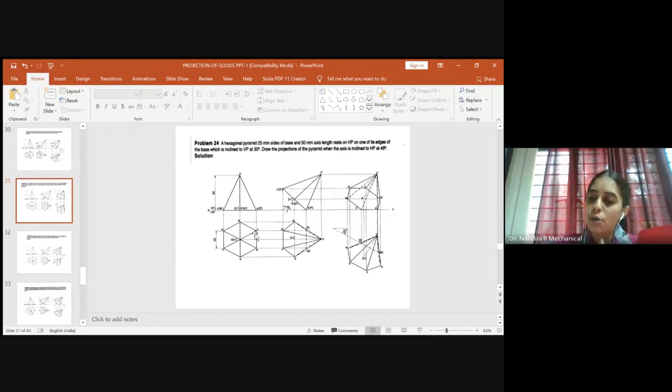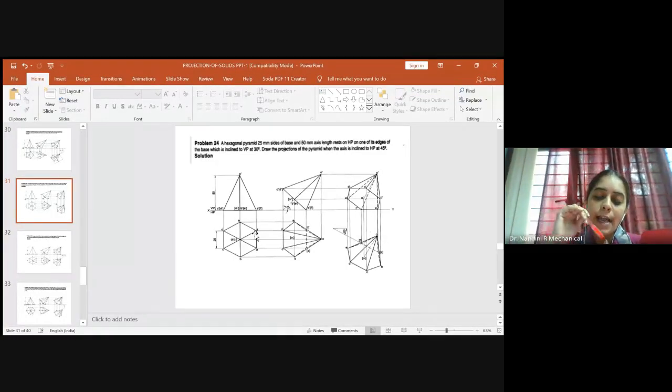So once your top view is over, then you have to look from the front. So any pyramid for that matter, when you look from the front, you will be seeing a triangular surface. Why? It is bounded by the triangular surface. So when you view from the front, you can see the projection from this edge, and the projection from this longer edge. We won't be able to visualize the axis when it is resting on one of its edge.